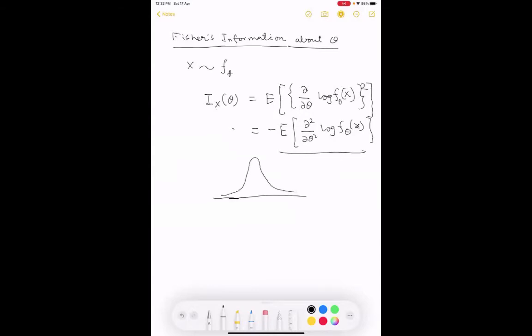First of all, you are just looking at log of f theta, which is sort of bringing the information of likelihood.